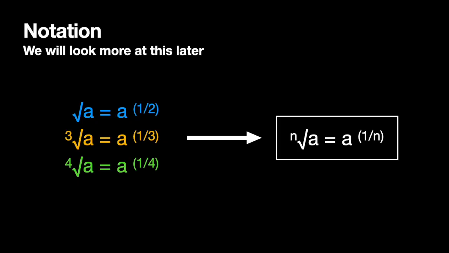And similarly, we can represent the fourth root of a as a to the power of 1 over 4. So in general, we can represent the nth root of a as a to the power of 1 over n. This notation will help us connect roots with the law of exponents, which we will see shortly.